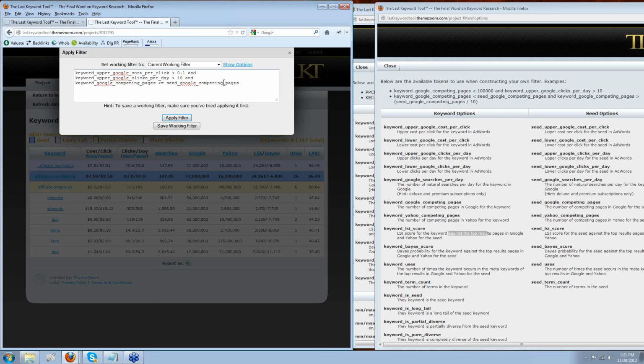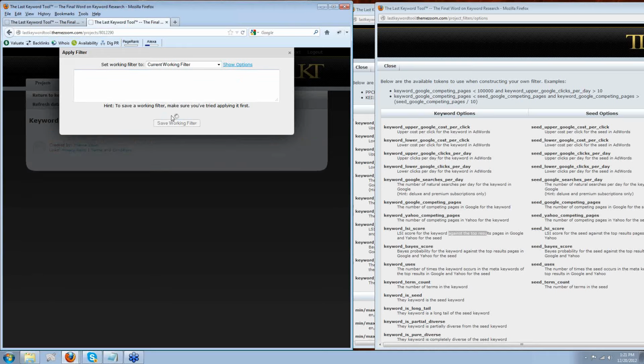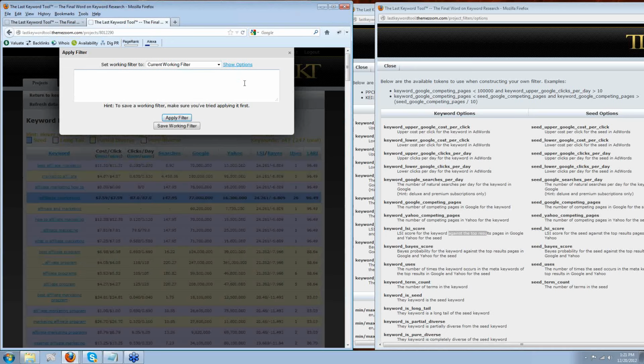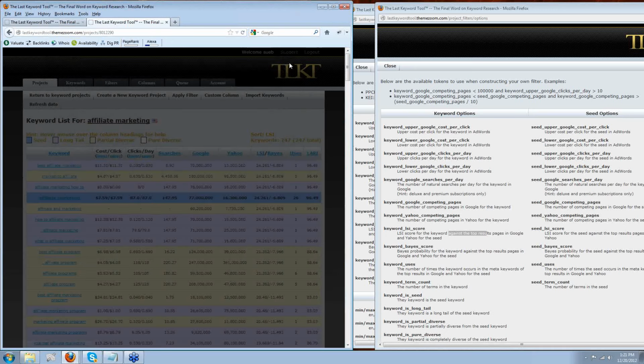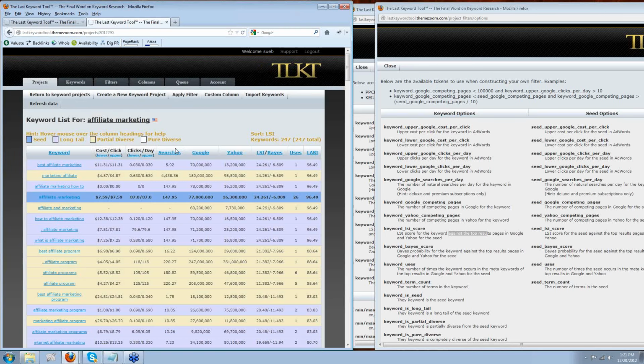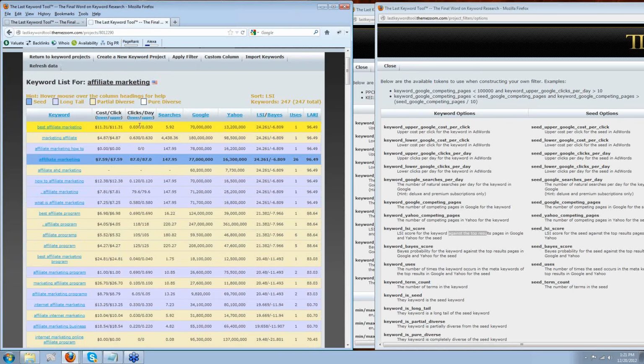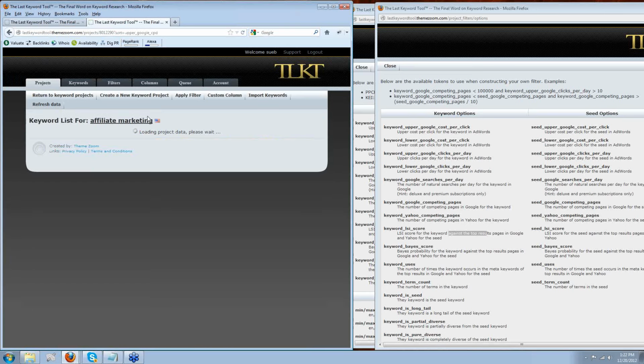That's just fascinating. Let's just look at our keywords here for a second. Clicks per day, let's just do a sort by clicks per day and see what we've got.